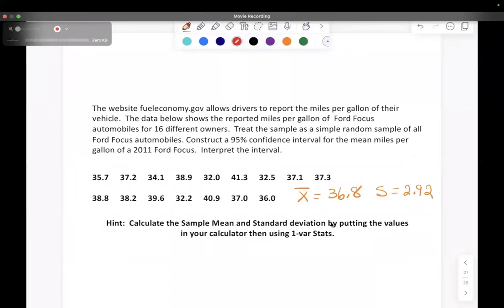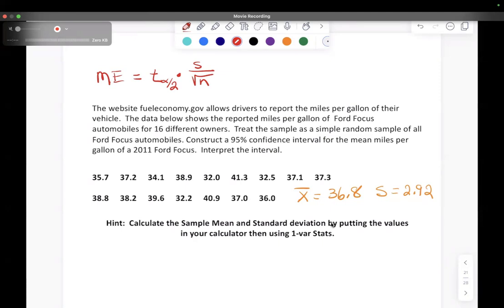Okay. So remember, this is how we find our margin of error: t sub alpha divided by 2 times s over square root of n. Our sample size is 16, so we're going to use 15 in our t table.